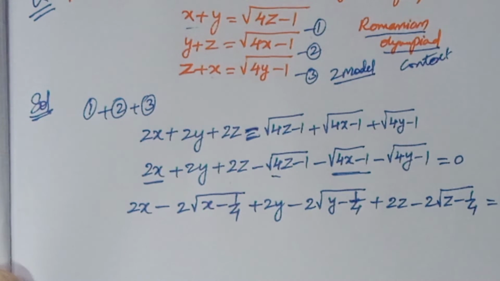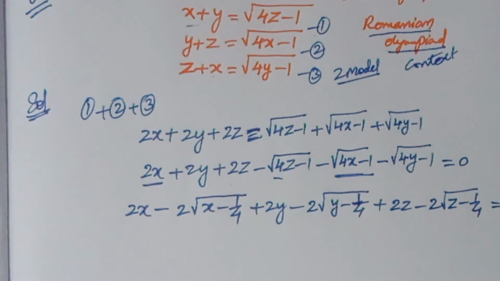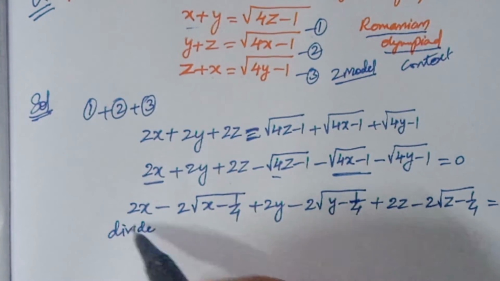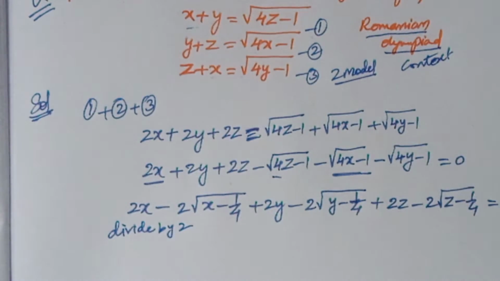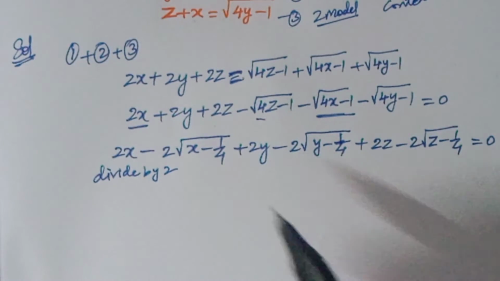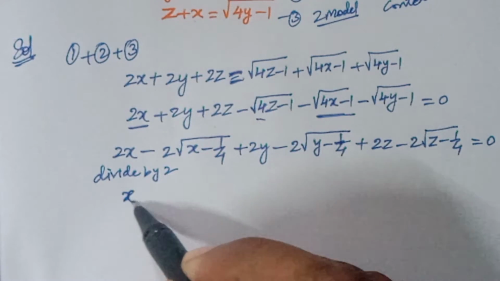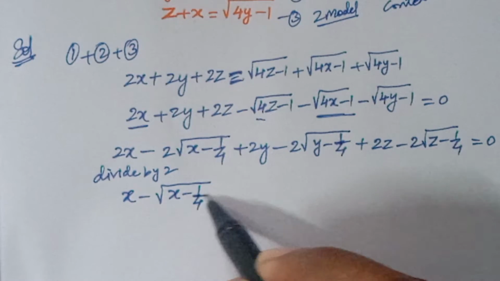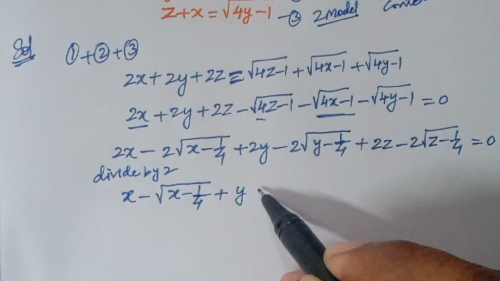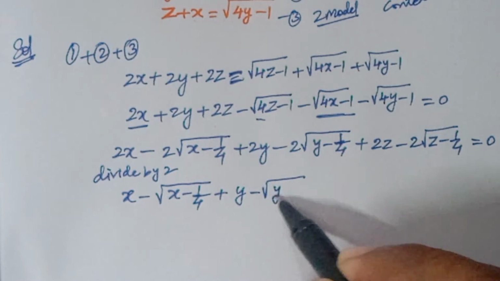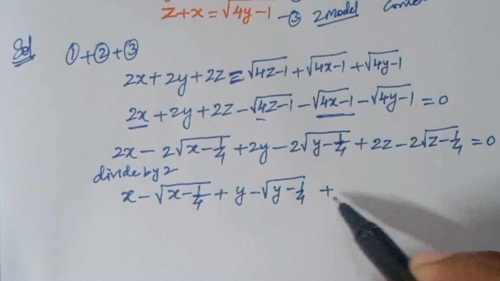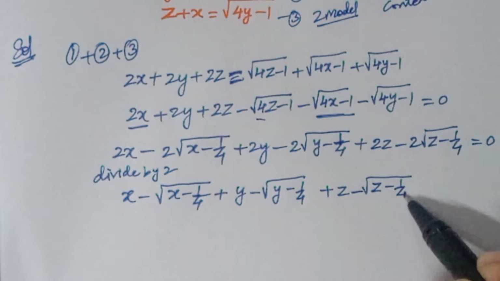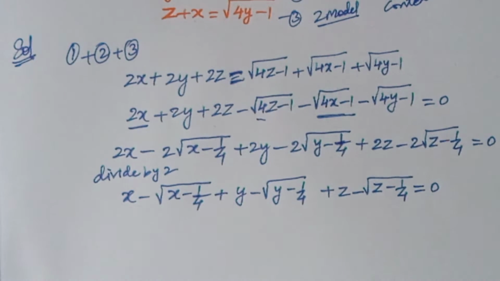This value is 0. So you take 2 common, or you can say divide by 2. If you divide it by 2, what will we get here? x minus root of x minus 1 by 4, y minus root of y minus 1 by 4, z minus root of z minus 1 by 4 equal to 0.